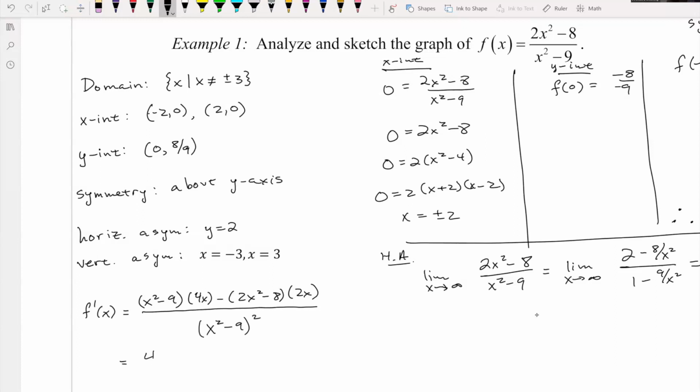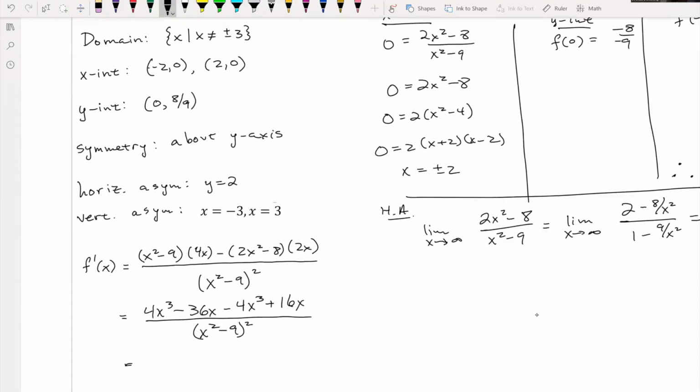And so that's going to give us 4x to the third minus 36x. Distributing a negative and a 2x, we're going to get minus 4x to the third plus 16x all over x squared minus 9, like that. And that's going to simplify to just give us negative 20x over x squared minus 9 quantity squared.